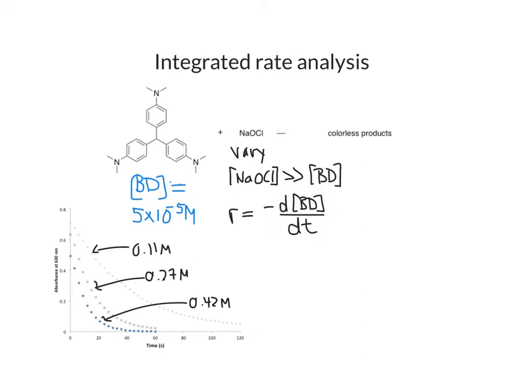That should be equal to my k observed value times the blue dye concentration raised to the order of reaction with respect to blue dye, or n.